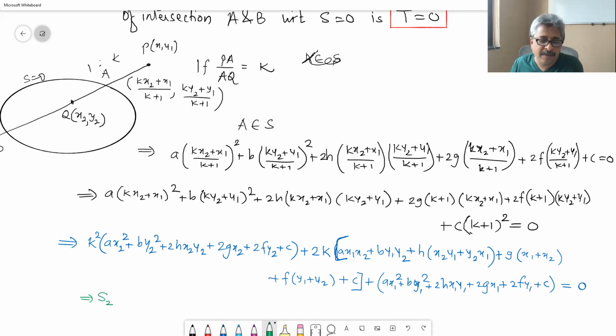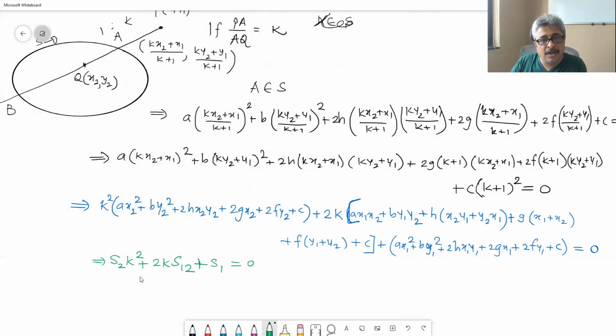If I put the second point in the equation of S, I get S2 k square plus 2k times S12, and the last term is S1, put this point in the equation, is equal to 0. Very good.